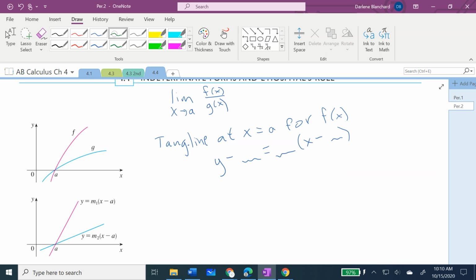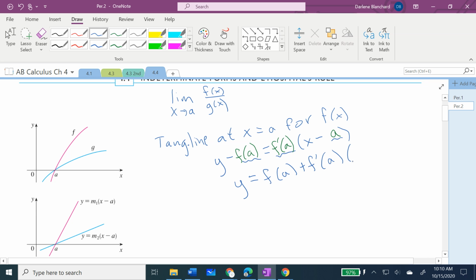If the x coordinate is a and the function is f of x, then the y coordinate is f of a and the slope is f prime at a. And on that tangent line, any y value can be approximated. On the tangent line, it is equal to f of a plus f prime of a times x minus a. The function near a can be approximated by this tangent line.